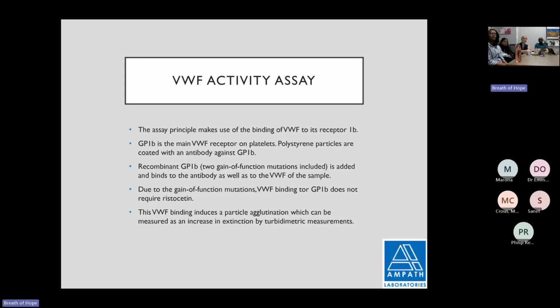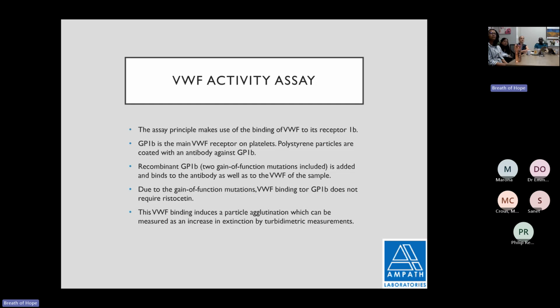With the von Willebrand activity assay in our lab, we make use of the fact that von Willebrand binds to its receptor 1b on platelets. So we use polystyrene particles that are also coated against the glycoprotein 1b. And because this glycoprotein 1b has got a recombinant gain of function mutation, it is added, and then the antibody will cause the von Willebrand to bind to it.